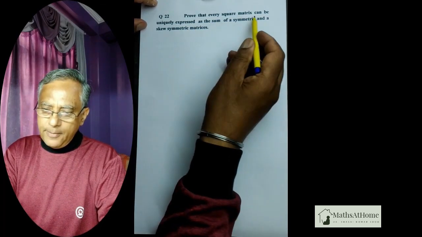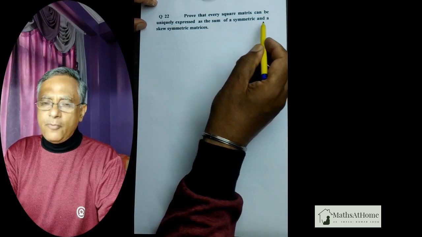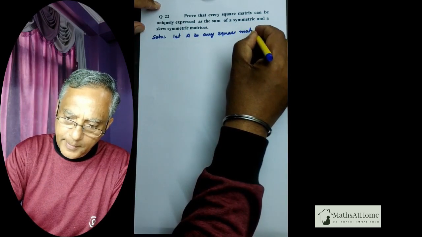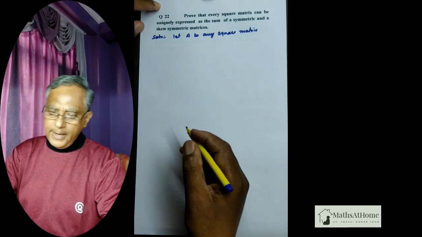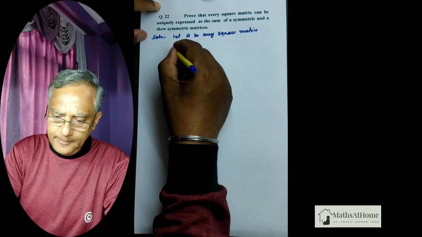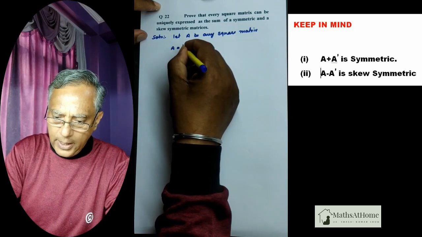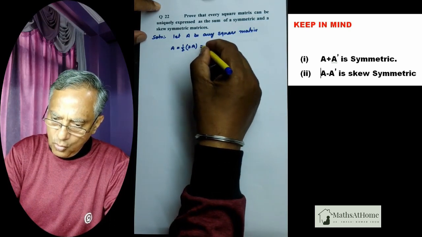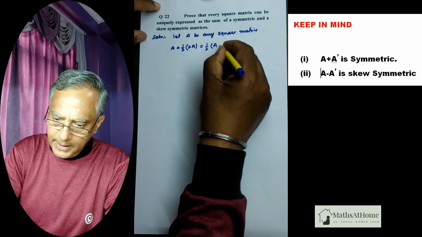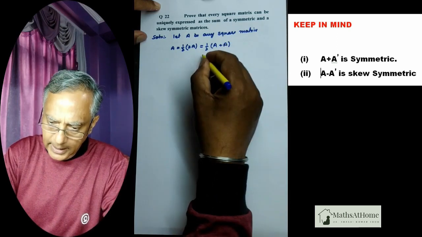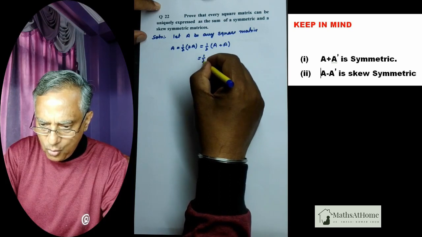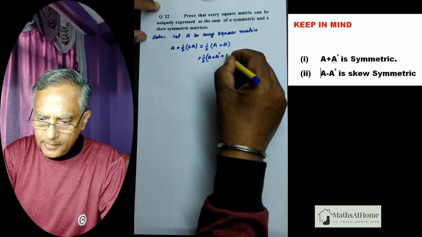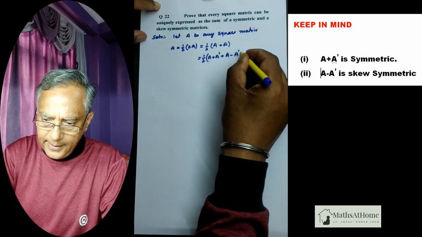Prove that every square matrix can be uniquely expressed as the sum of a symmetric and a skew symmetric matrix. So let A be any square matrix, then we can write A as A is equal to 1 by 2 into 2A, and this is equal to 1 by 2 into A plus A, and this can be written as 1 by 2 into A plus A dash plus A minus A dash.